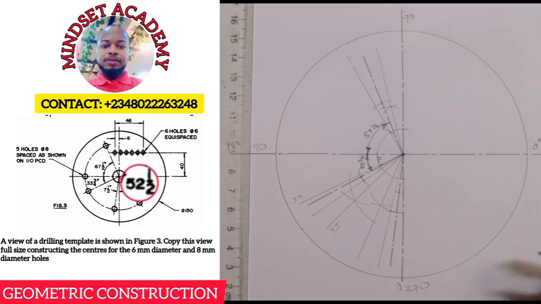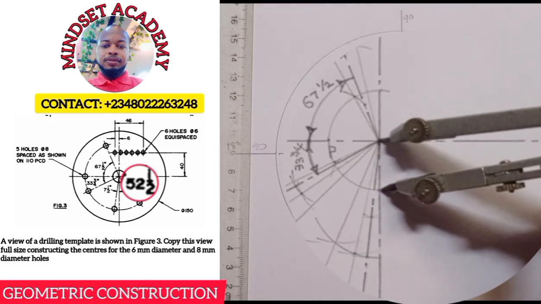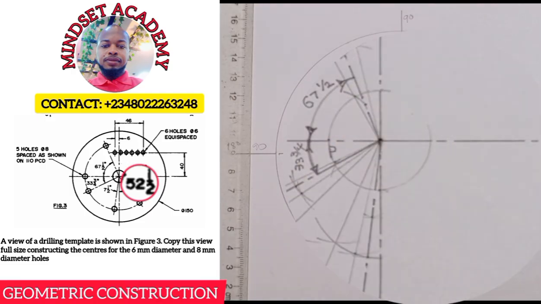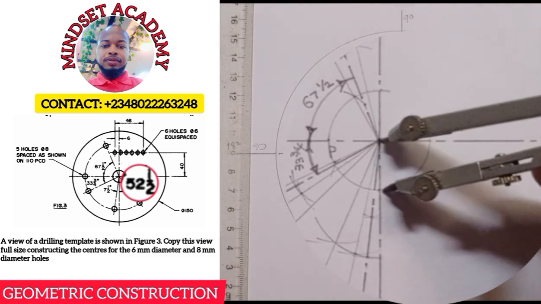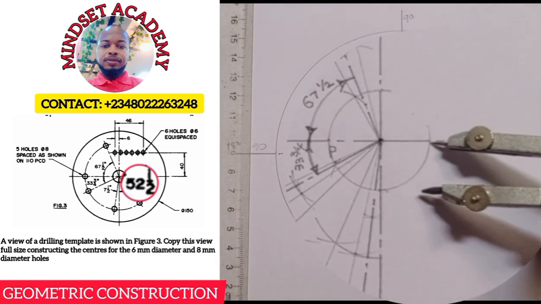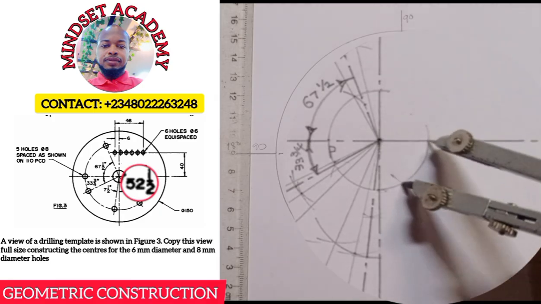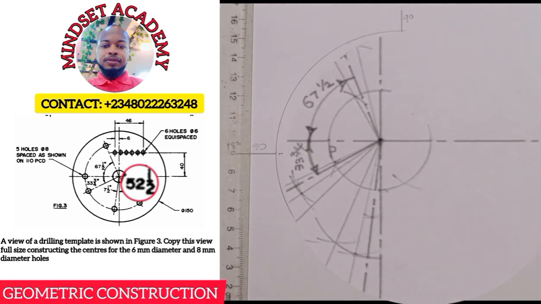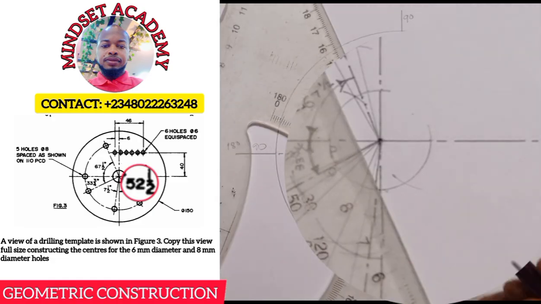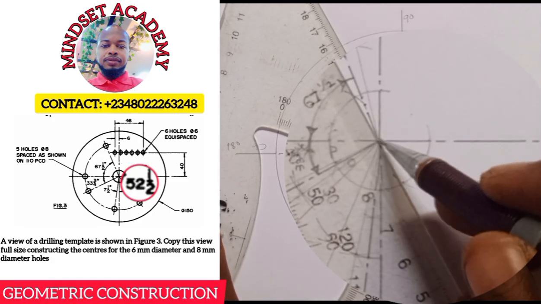So in getting 60, I'll just do the same thing from here. Just get an arc this way. Hope you can see what I'm showing you. And with the same measurement, you place it here and you strike an arc. And you draw a line to go through that point. Faint line first.